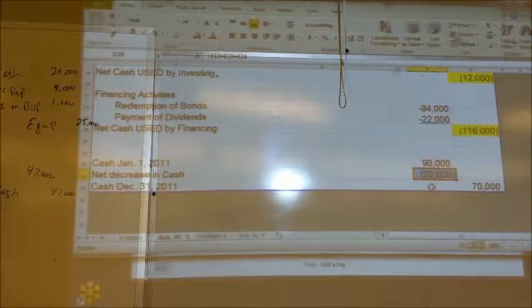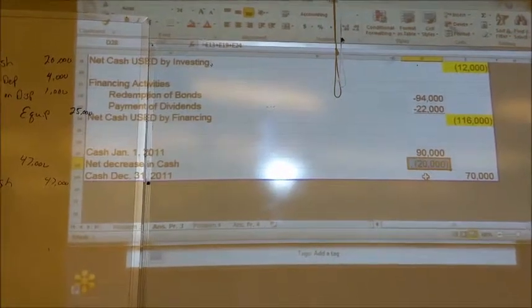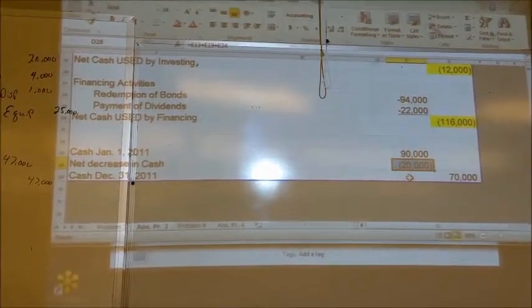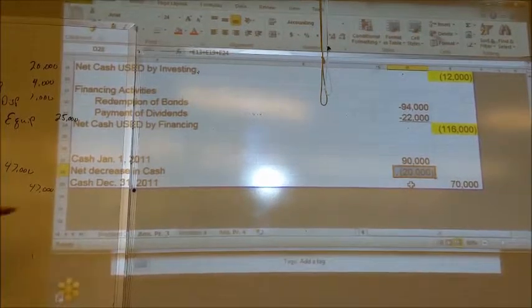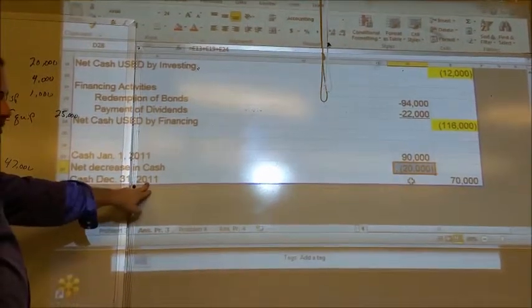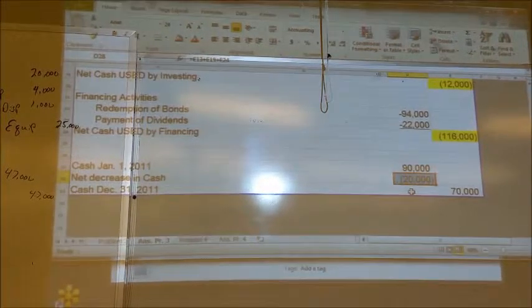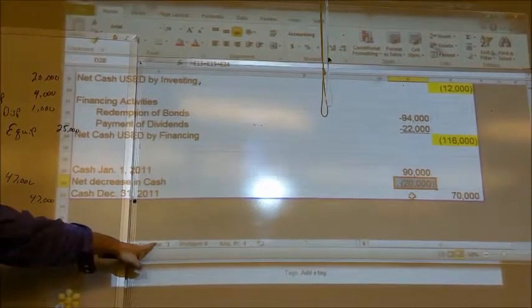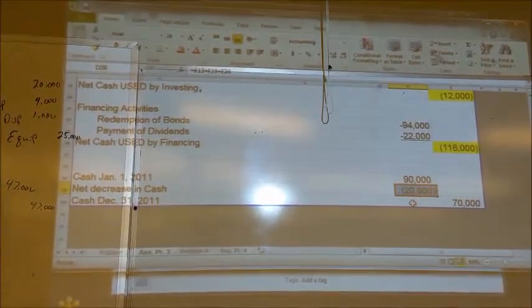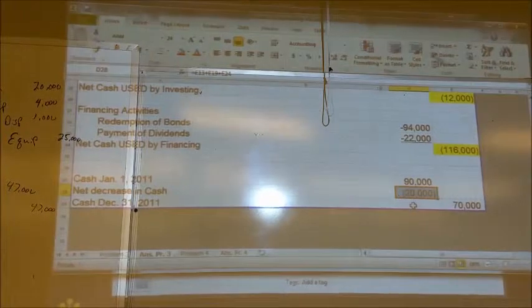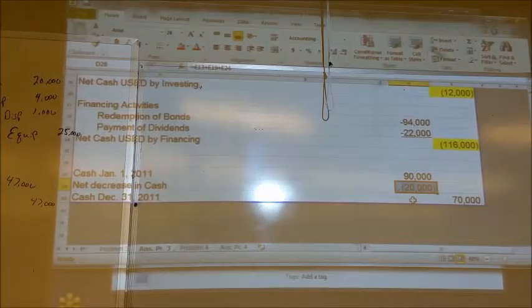So 90 plus the negative 20,000 gives you 70,000, and that is what your balance sheet shows as your check figure. 70,000 is what the ending 2011, I believe it is, number 3, answer 3. That is what your ending cash balance is.